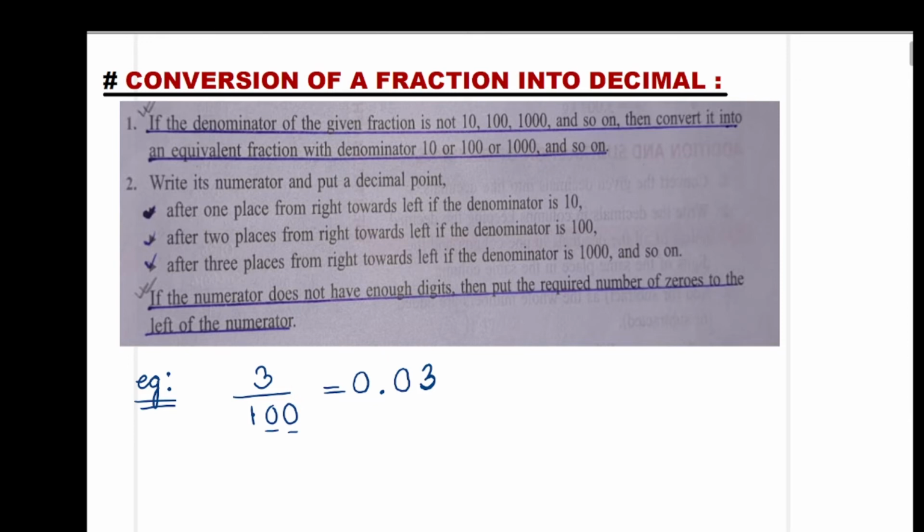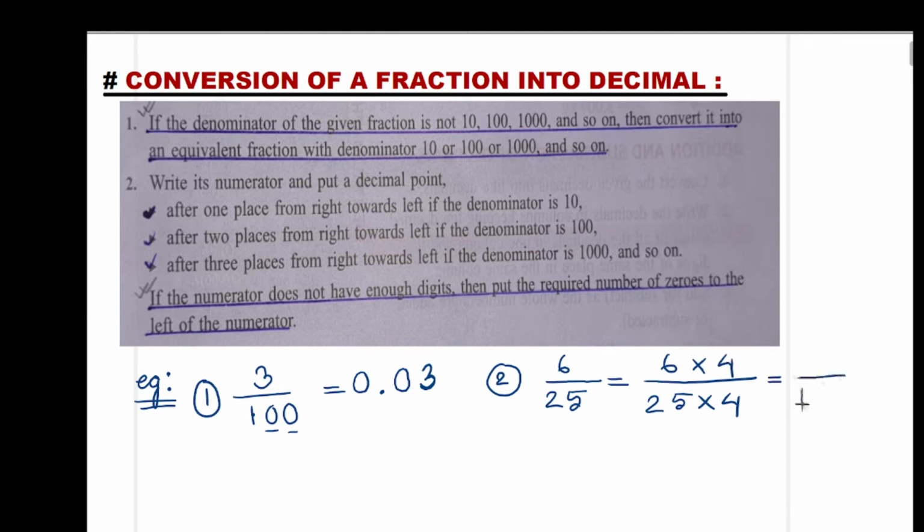Okay. Now what is given? Suppose if the denominator is not 100. Okay. Then how to convert? This is example 1, this is example 2. Now suppose 6 by 25. Now say 25 we can make it 100. How? 25 into 4. Then we have to multiply 6 with 4 also. Then 100. Then here 6 4s are 24. Now how to convert it to decimal?